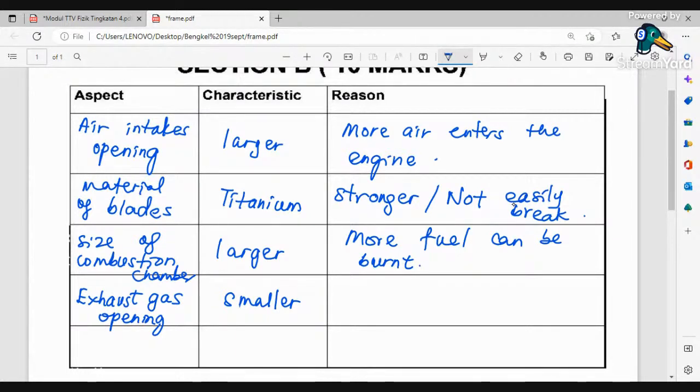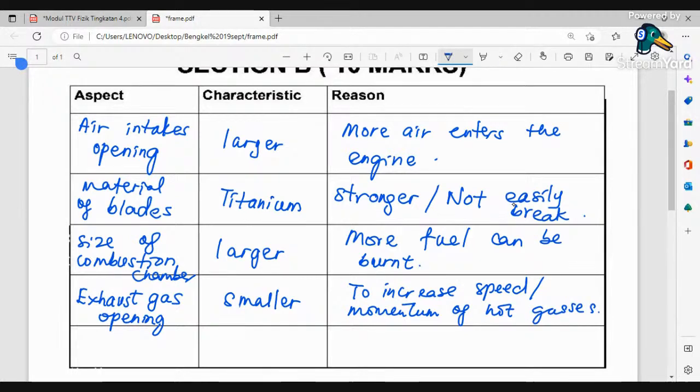Okay, exhaust gas opening smaller to increase speed or momentum. Okay, lebih banyak momentum. Okay, sudah dapat 8 markah di sini.